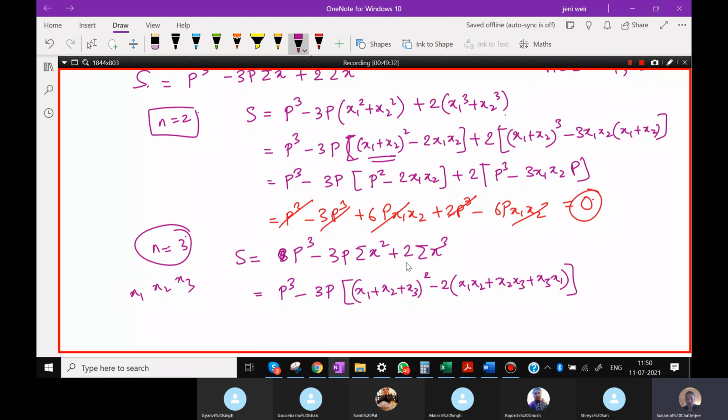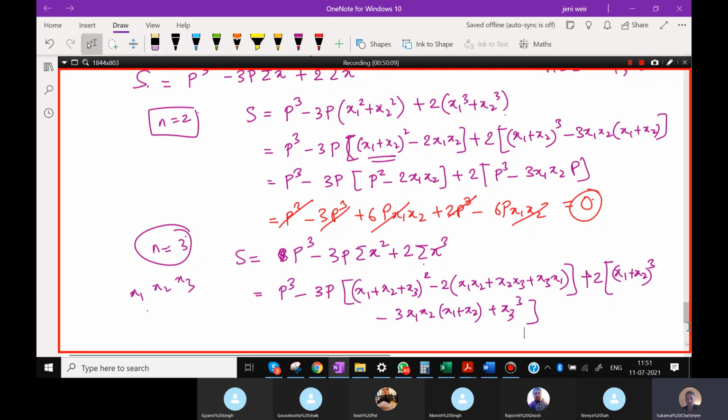And this would be the sum of x cube, meaning x1 cube plus x2 cube plus x3 cube, plus 2 into, x1 cube plus x2 cube will be x1 plus x2 whole cube minus 3x1 x2 into (x1 plus x2). Then I will have plus x3 cube, right?